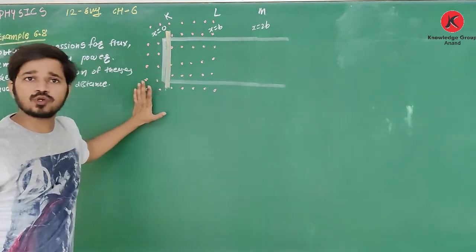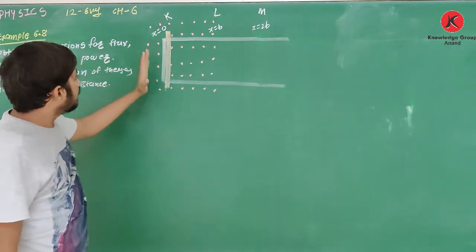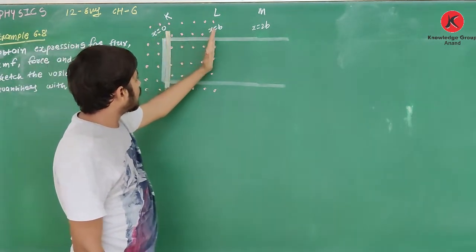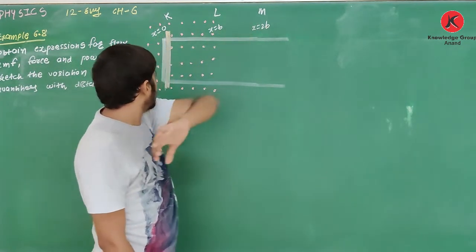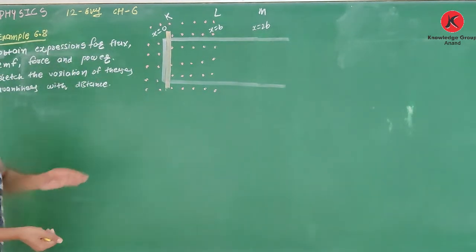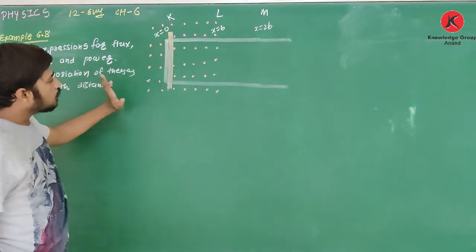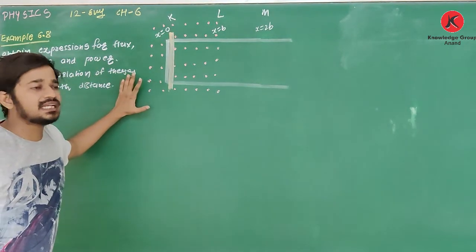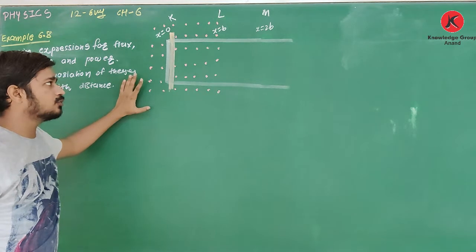Here it is x is equal to 0, x is equal to b, x is equal to 2b. Here there is one wire which can easily slide between these two parallel arms.